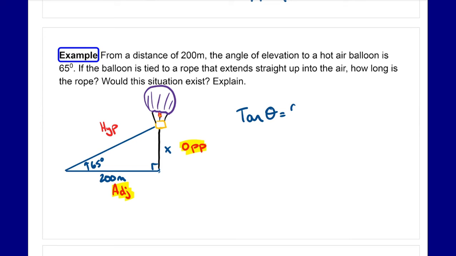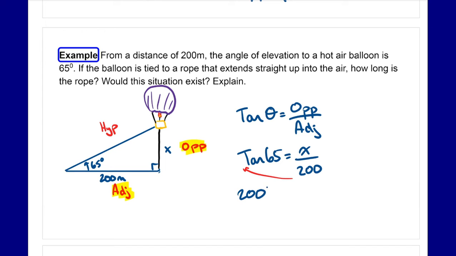So tan theta is the opposite over adjacent. Tan of 65 is equal to an unknown value over 200. This means that the 200 comes up, and I multiply to find my unknown value.